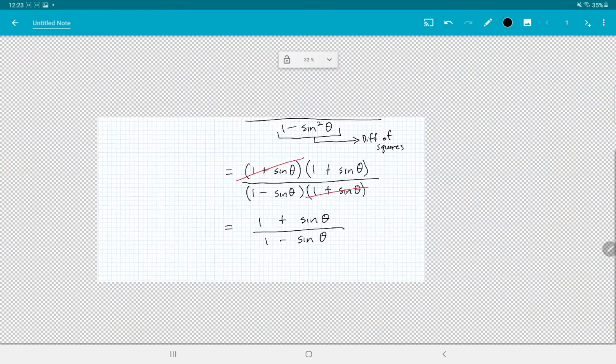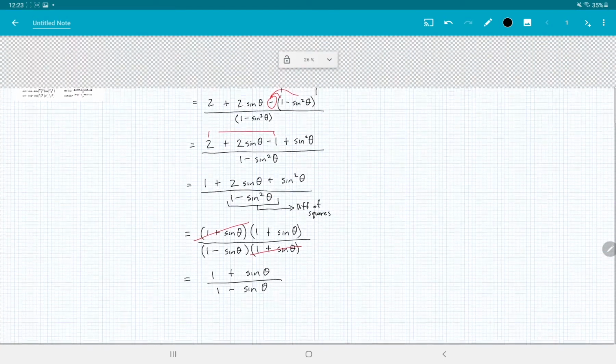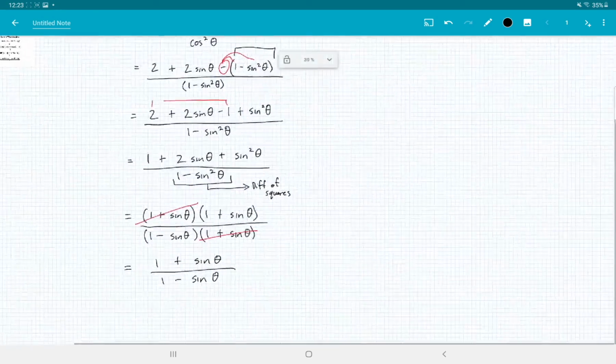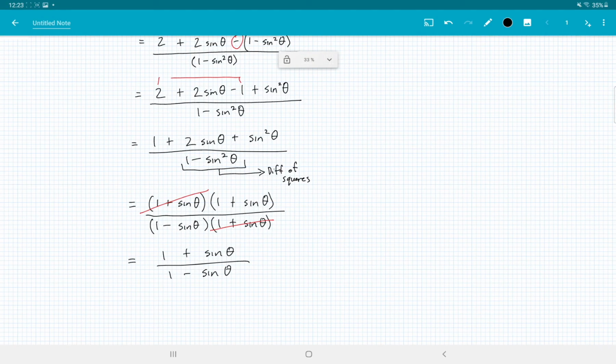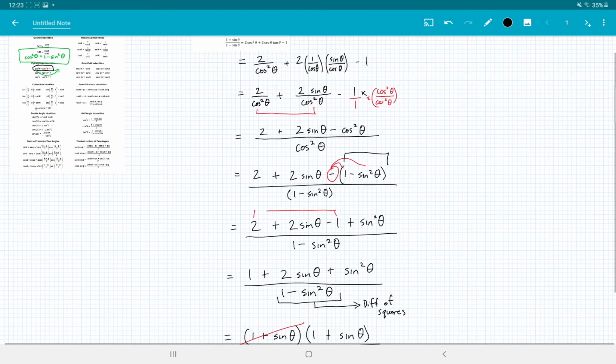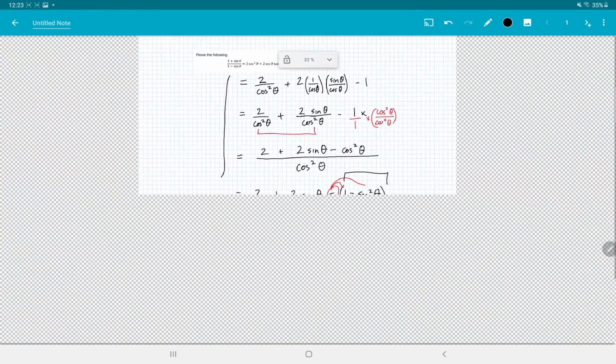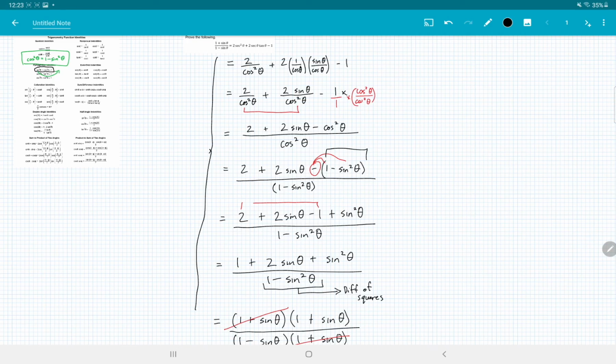Now let's have a quick look at the top just to see where we are in regards to the question. Whoa, we did a lot of work. 1 plus sine theta over 1 minus sine theta. Hey, look at our left side. 1 plus sine theta over 1 minus sine theta. All we do is draw a line all the way down to the bottom.